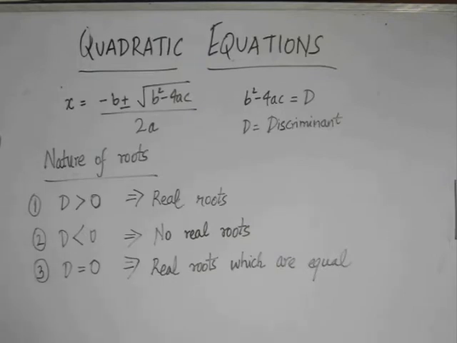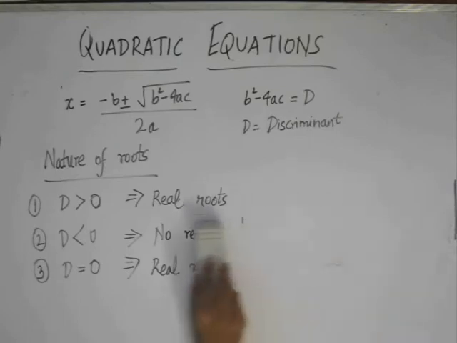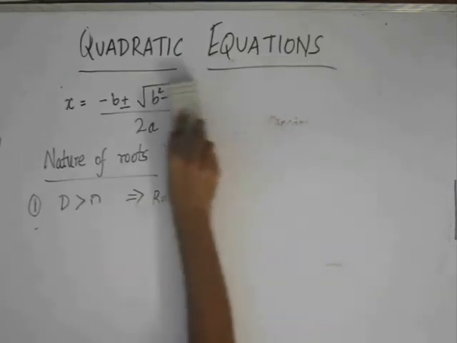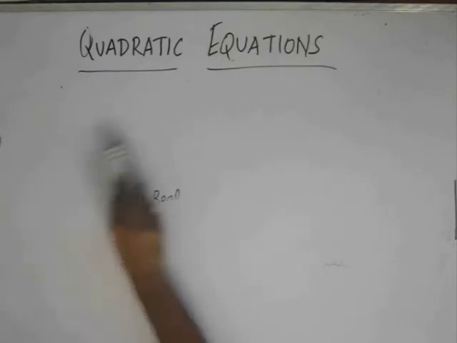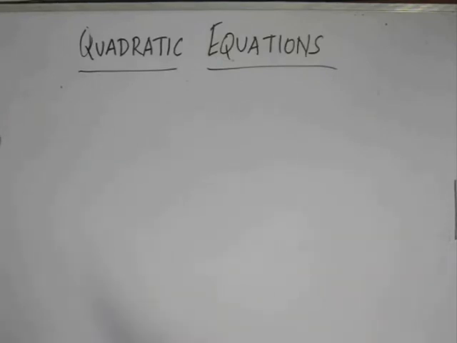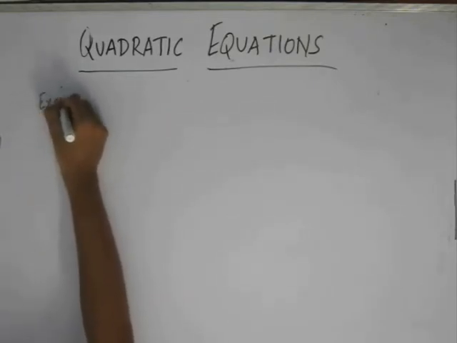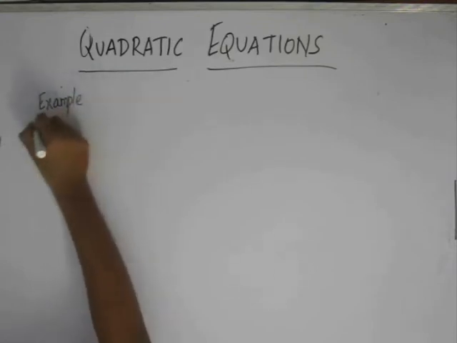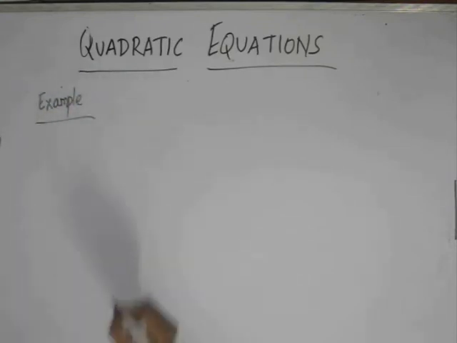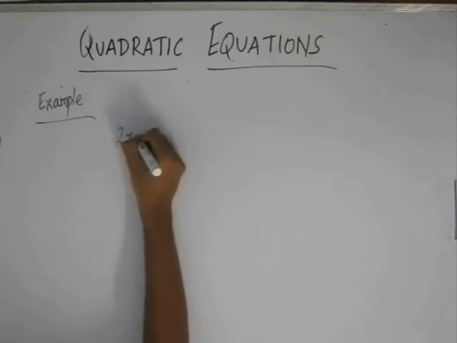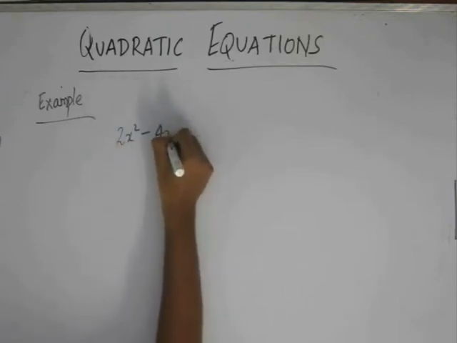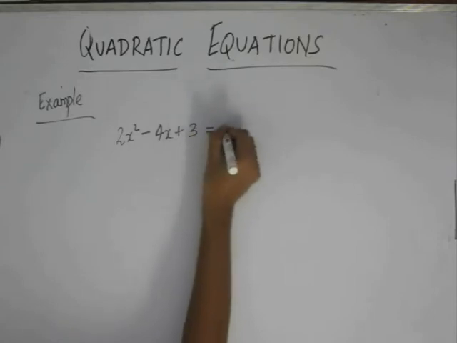Now let us solve one particular example to see what the nature of roots will be like for a given quadratic equation. Suppose we have the equation 2x square minus 4x plus 3 equal to 0.